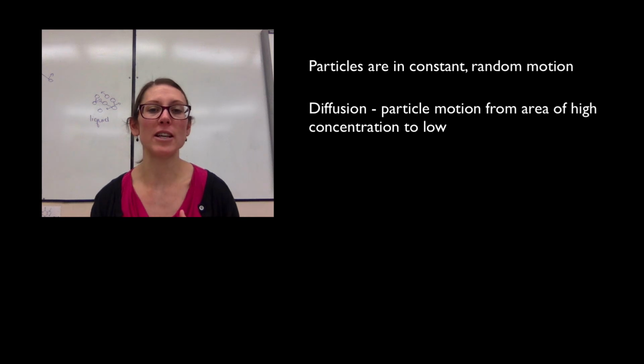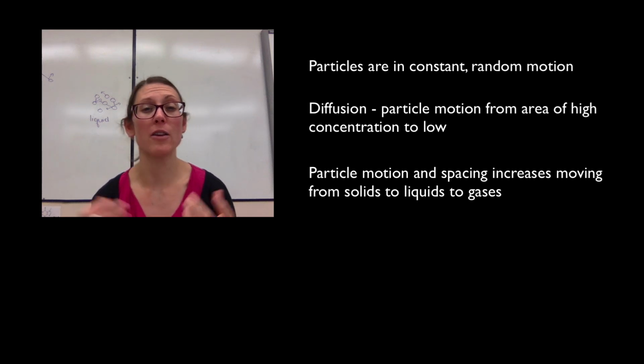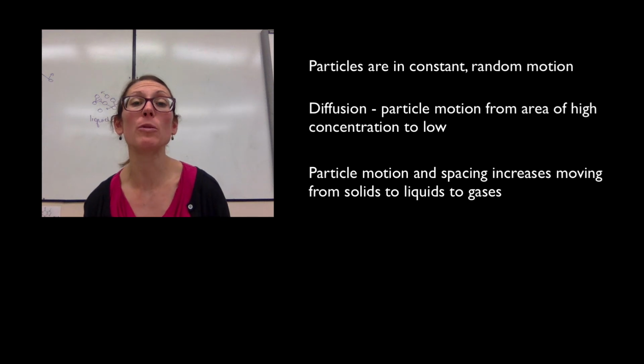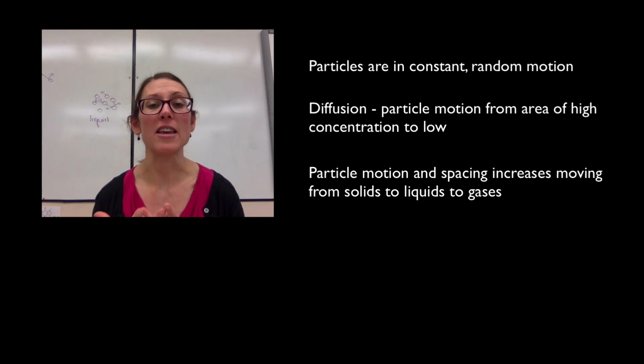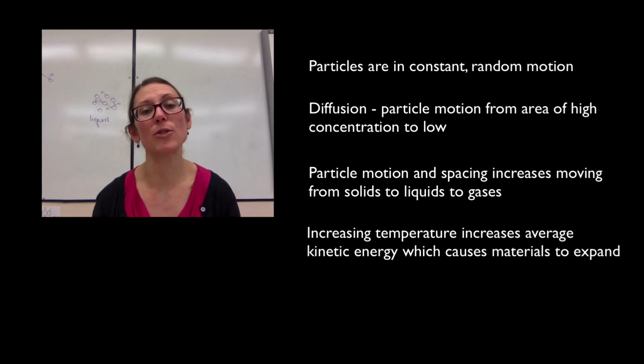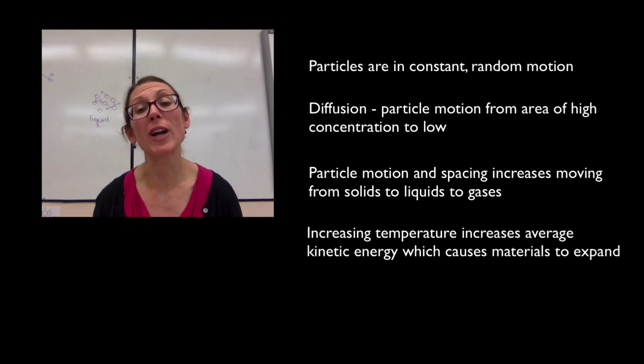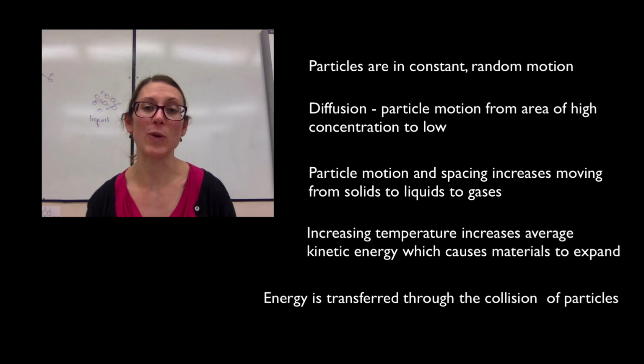In solids, liquids, and gases, solids have the least motion and the particles are closest together, whereas in gases, those particles are moving the most and are farthest apart. As you heat something, those particles are going to move faster, and so in general they're going to expand. You especially see this with solids and liquids. Gases already take up lots of space. And then the last thing is that energy is transferred during those collisions between particles.